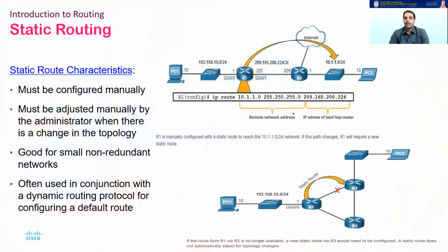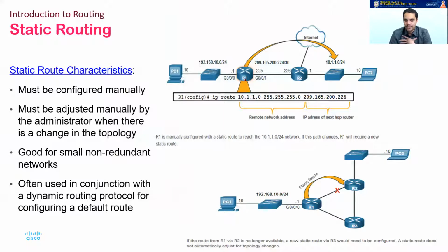Now let me show the first one, static routing. Static routing means the network administrator will set up a static route. What do you mean by static route, sir? This is the command ip route. Now take R1.